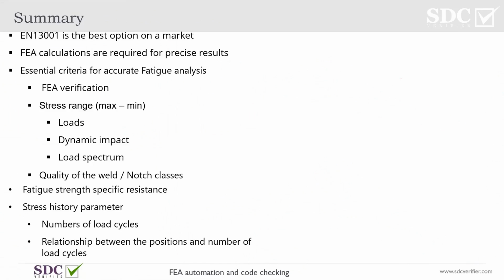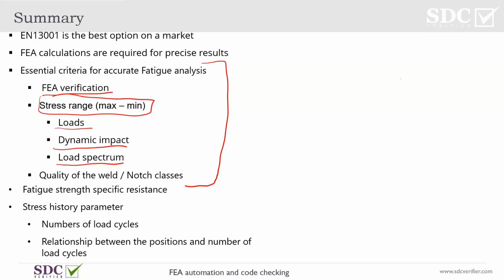And the essential criteria here, I would like to highlight first of all, FEA verification itself, stress range, and the background idea of the stress range. First of all, our loads, which are sometimes conservative, our dynamic impact, which you should carefully calculate, and our real load spectrum, so basically the crane usage.